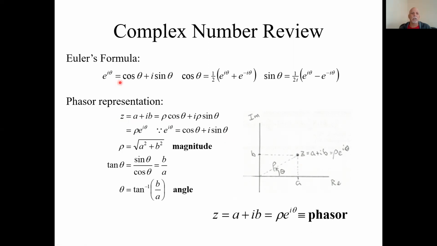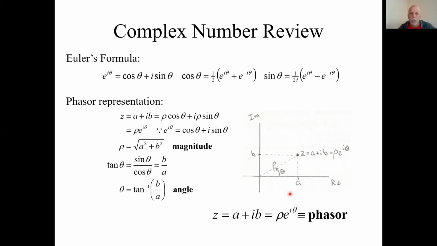We have Euler's formula, which says that is e to the i theta. So we can express the complex number this way: rho e to the i theta. Call that phasor format. It's really the polar coordinate version of the complex number. And you can do the trig to find things. The magnitude, this rho, is just the square root of a squared plus b squared. The angle would be the inverse tangent of b over a, that sort of thing.